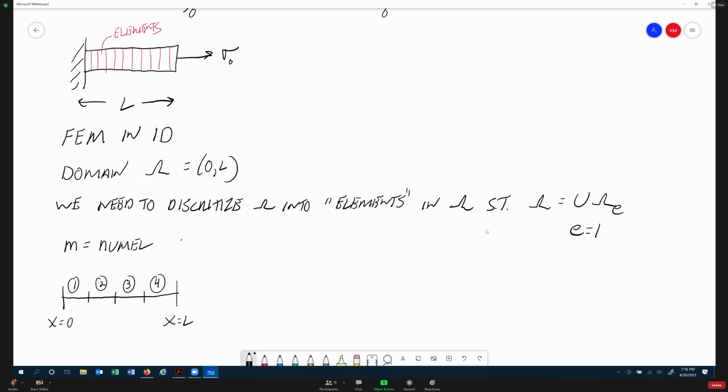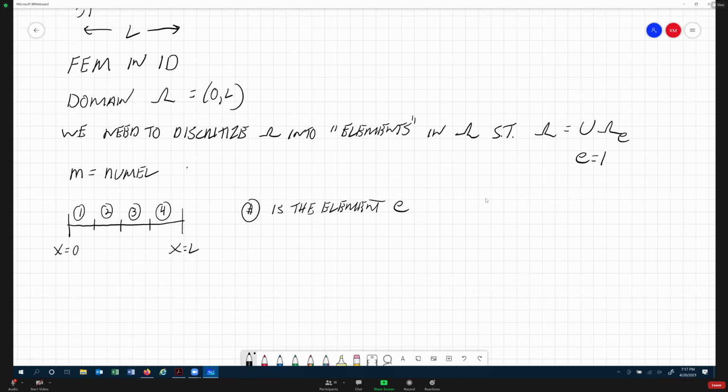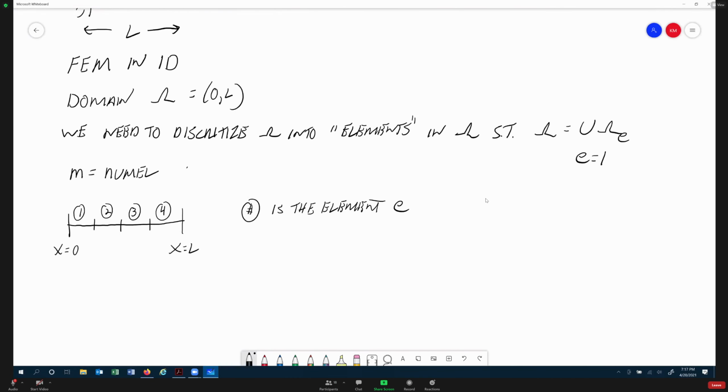The number in a circle is the element, element E. So we have 4 elements.